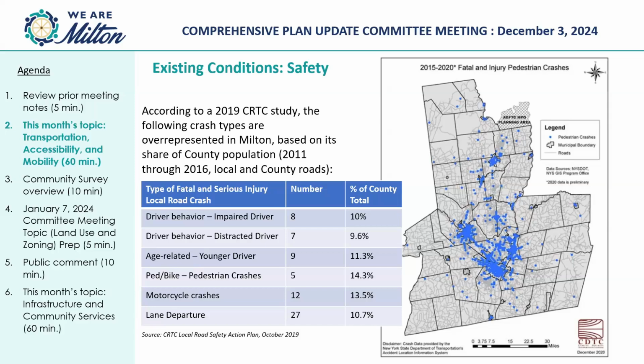Some of those types of crashes that are overrepresented are not preventable. Yeah. And maybe some of them are. With things like lane departure, for example, there are some systematic improvements you can do with curb signage and things like that.